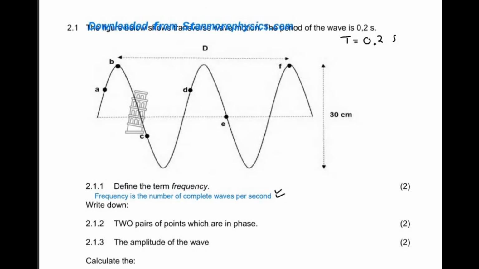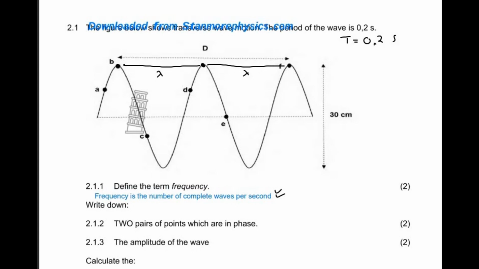So points that are in phase on a wave are points that are separated by an integer multiple of wavelength. The distance from a crest to a crest, we can agree that is the wavelength. This also means that from that point to this point F there is another wavelength.